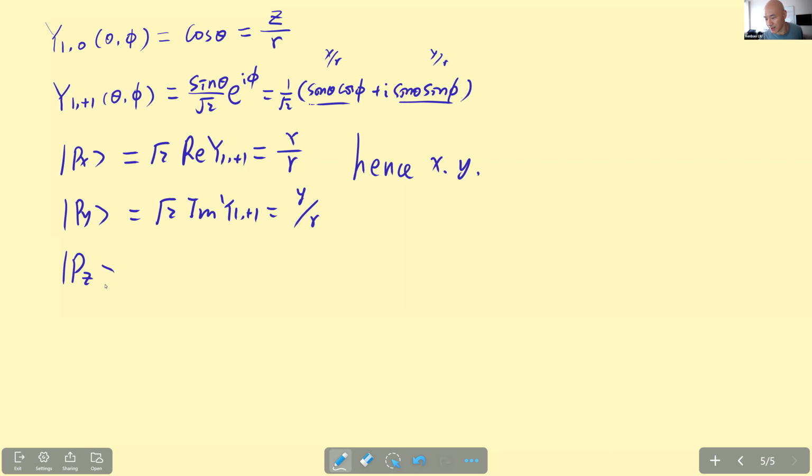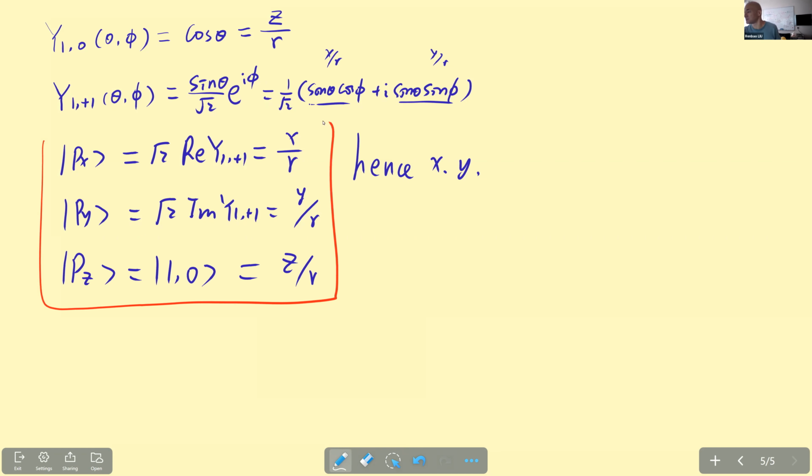So now you have these very nice properties of the p states. I have three components, x, y, and z.